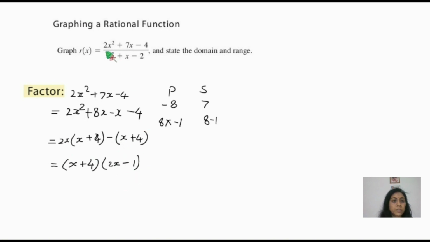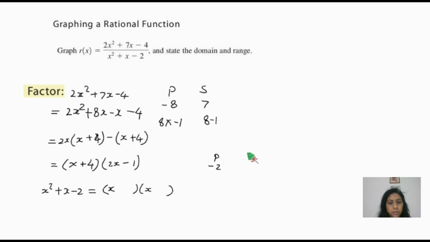Okay. Now we can factorize this x square plus x minus 2, and here the x square coefficient is 1, so we can easily solve, right? Here write x, here write x. Here the product is minus 2 and the sum is 1.